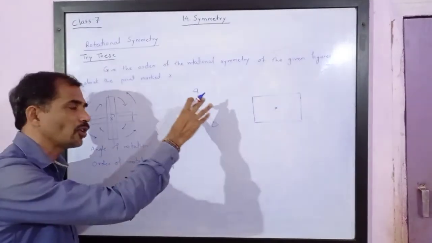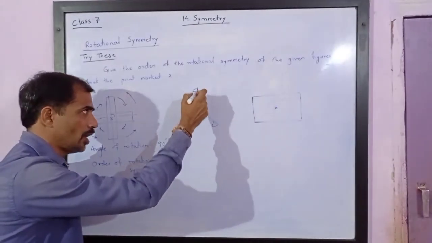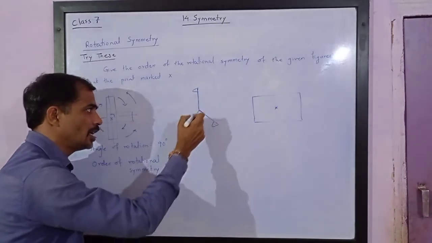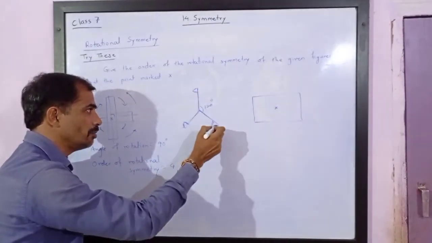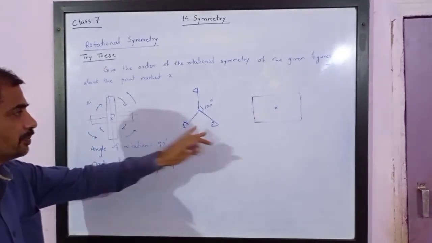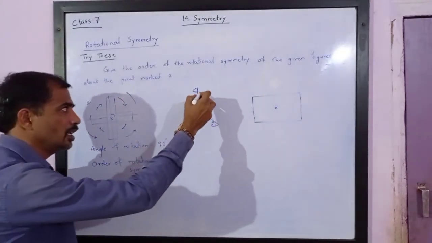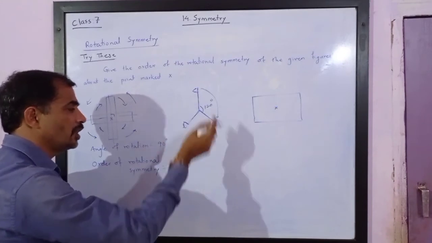Now see the second figure. My drawing may not be good, so we have to assume that these are all equal bars and the angle is 120 degrees. All these flags look the same. That is what you have to imagine. Now if this flag reaches this place, the figure will look the same.